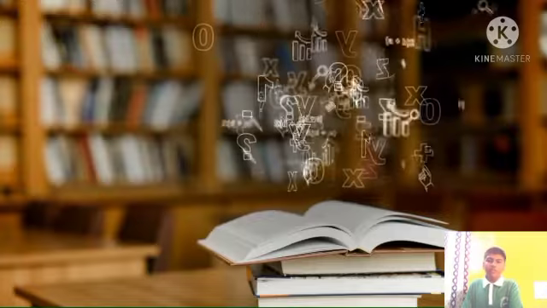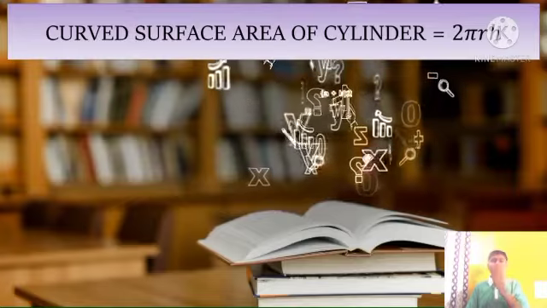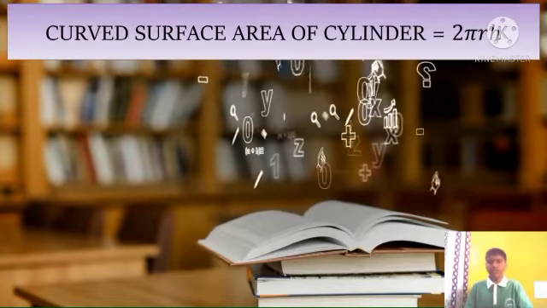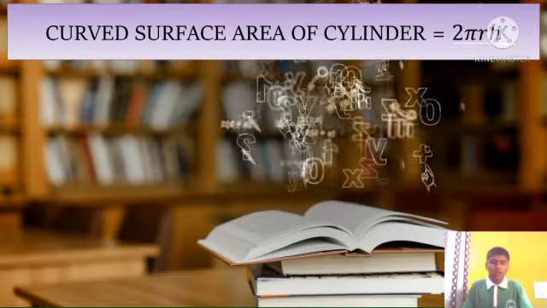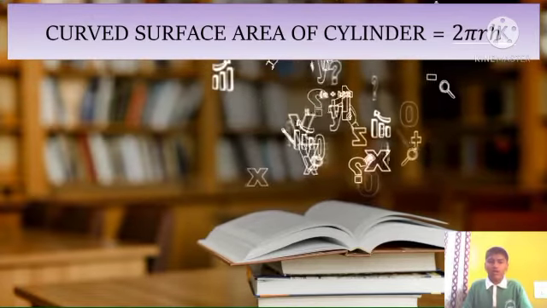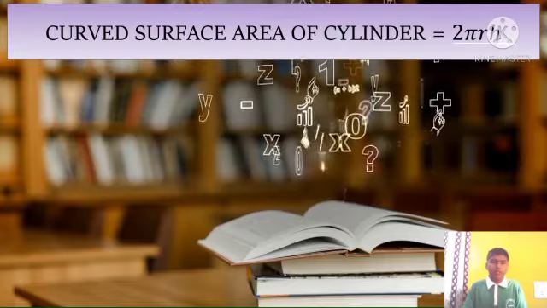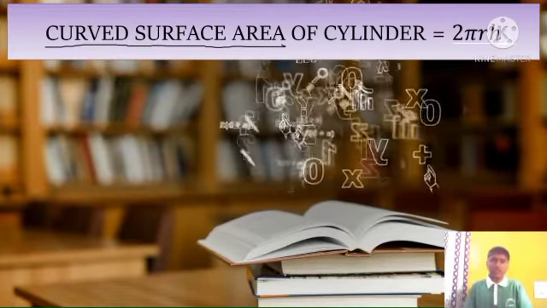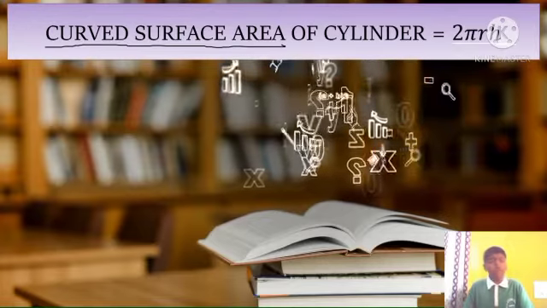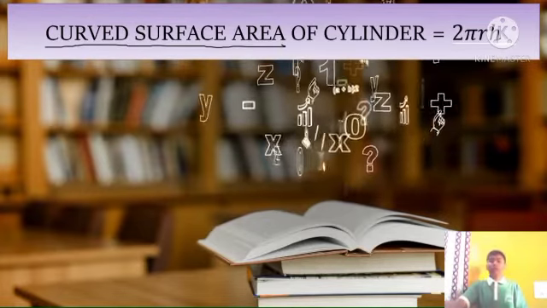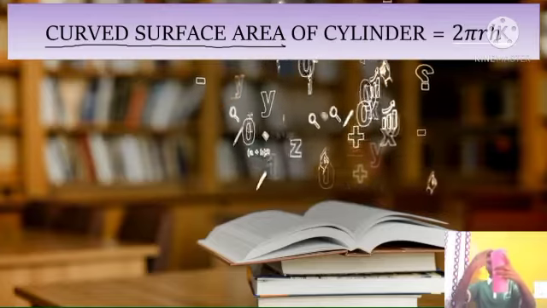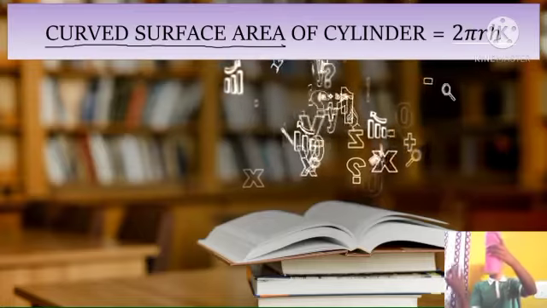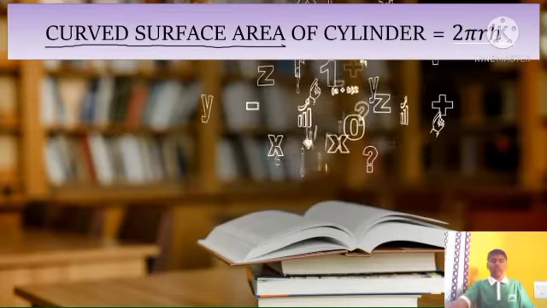Now we'll understand the LSA, or CSA, the curved surface area of the cylinder, which is 2 pi r h. Before we understand the formula, we'll just have to understand what CSA, or lateral surface area, is. It means leaving both the top and bottom surfaces. For example, if this is my cylinder, leaving these two surfaces, this whole area becomes the lateral surface area.